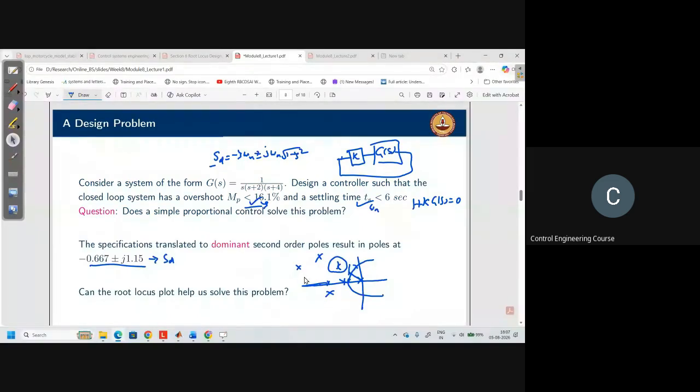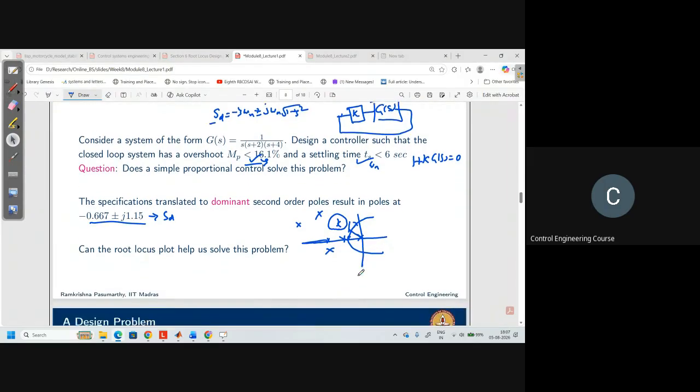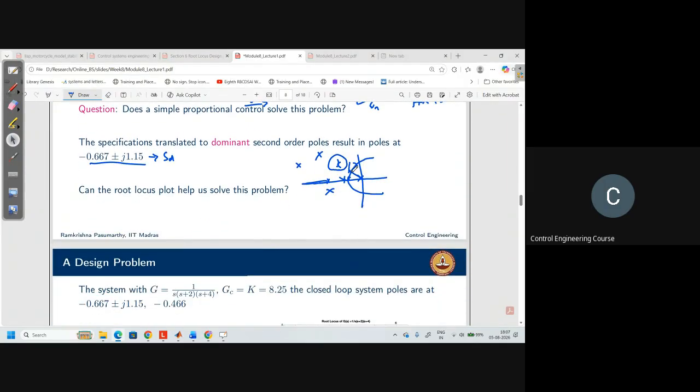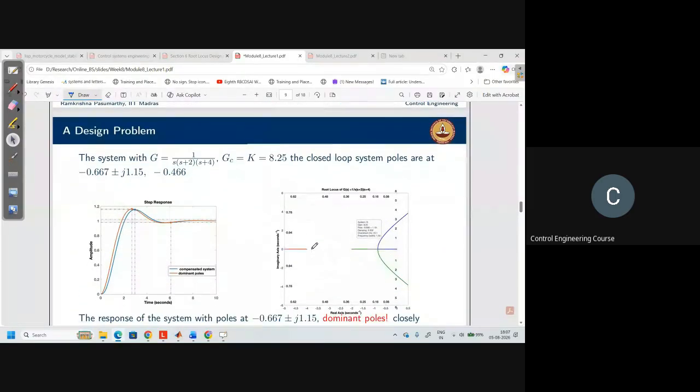That we will see later. So let's first discuss this proportional controller. For that, what we have to do? First, calculate the desired pole location and check whether this pole location is on the root locus or not. Then, if it is on the root locus, simply calculate the K. So that is your controller. So here in this case, this is your root locus and this is the point.